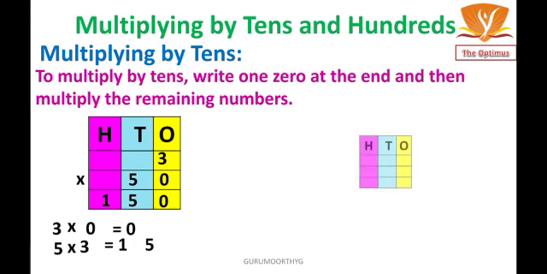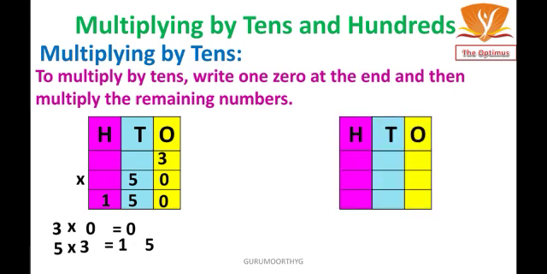Next, example 2, 18 into 20. I am going to multiply step by step. 0 ones into 18 equal to 0 ones. This 0 ones, I am going to write in ones place.